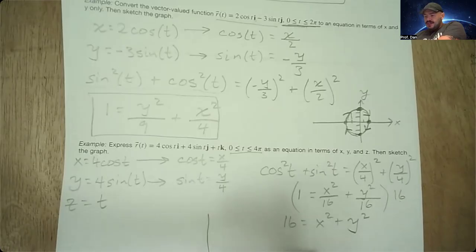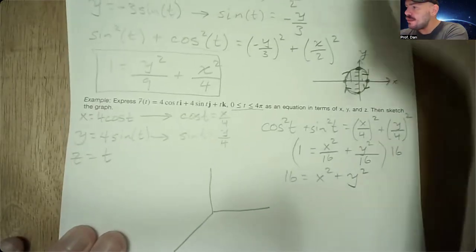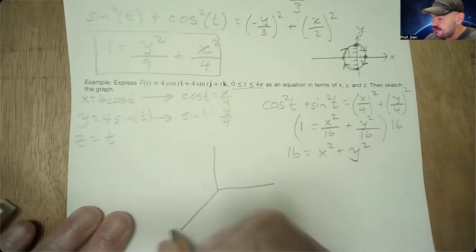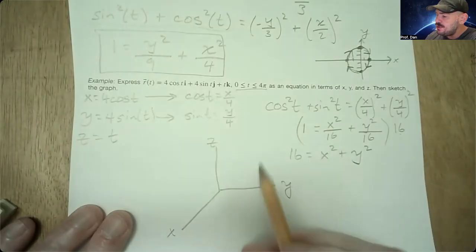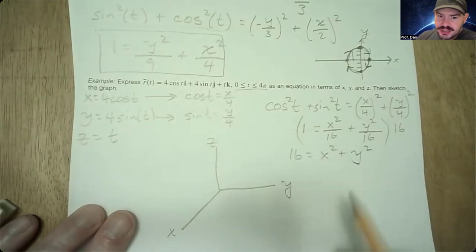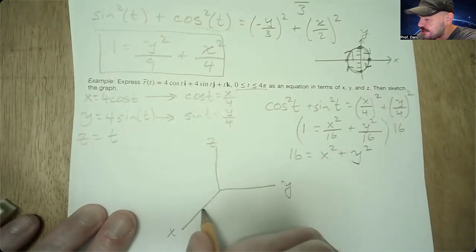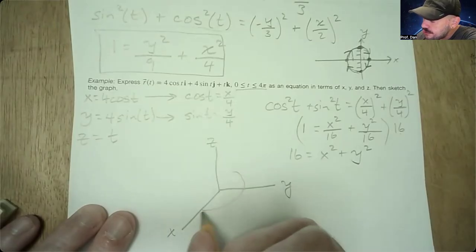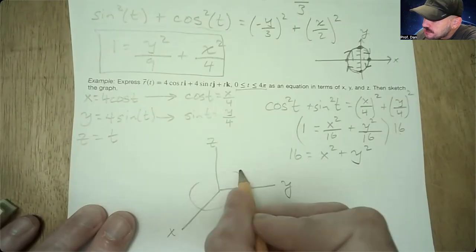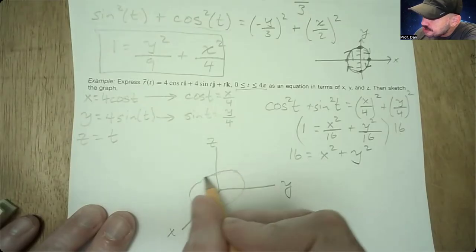So if I were to graph this, I'd have my x, my y, and my z. Remember, the floor is going to be that circle that we talked about with a radius of 4. So we're going to go out 4 units. Try and put both perspective and a nice circle.